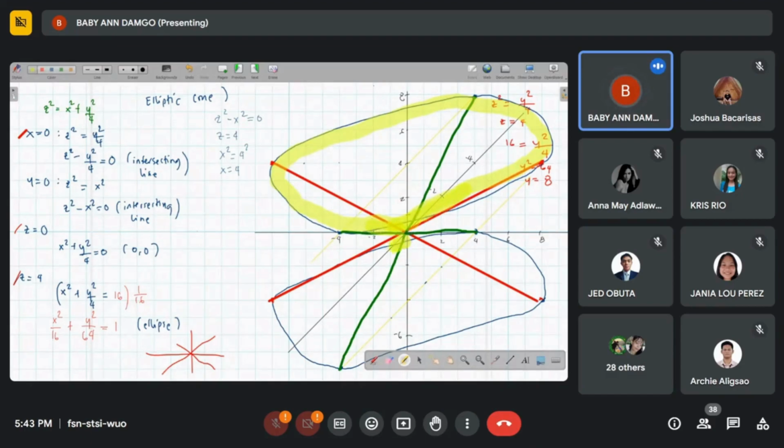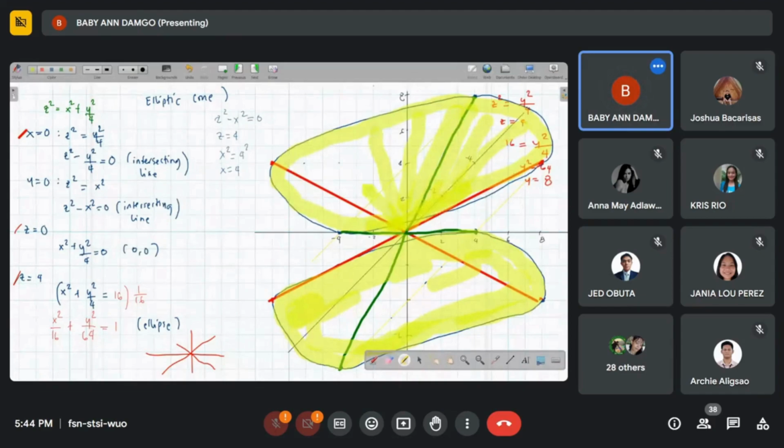And then this one. Okay, so this is the graph.